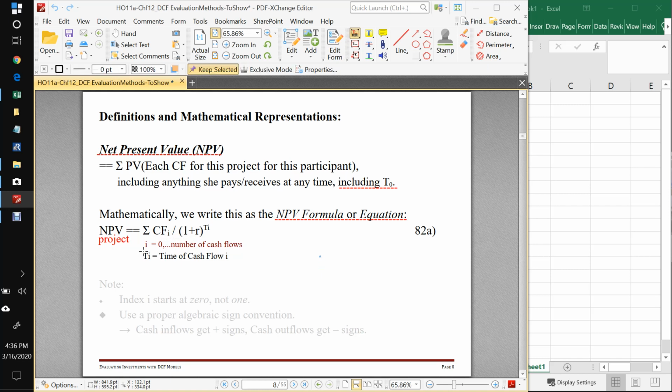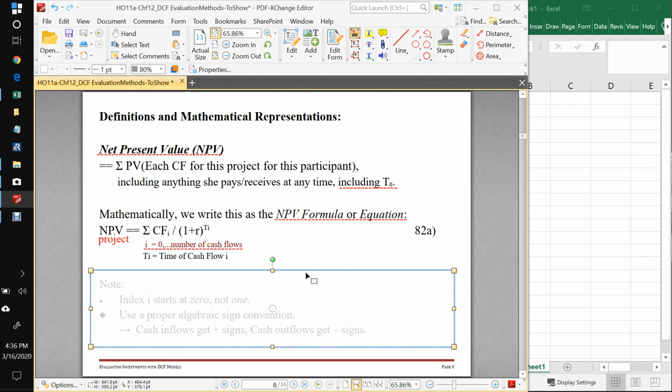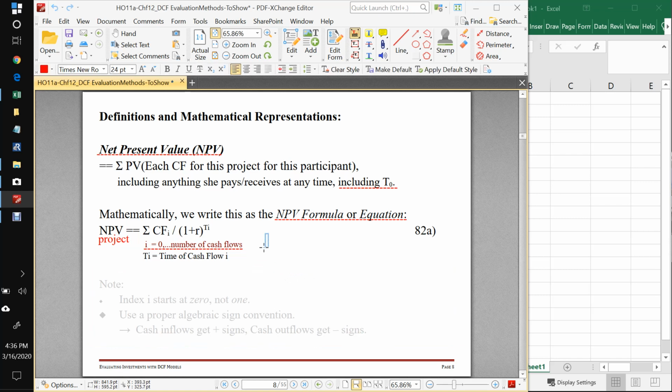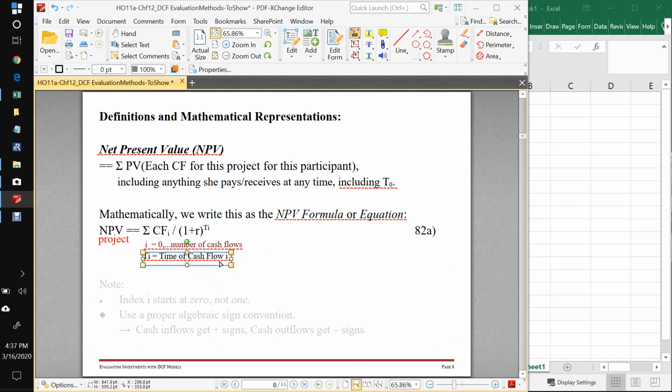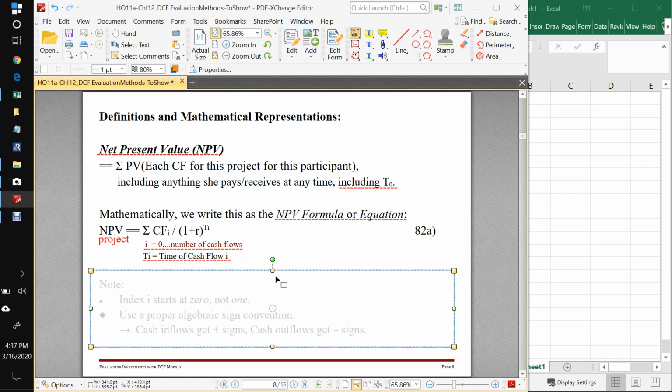Now the index I has changed a little bit. It used to be from 1 to the number of future cash flows. Now it starts at 0 to the total number of cash flows for this participant in this project. And as has always been the case, t_i is the time of cash flow i. Okay, so I think that's looking good.